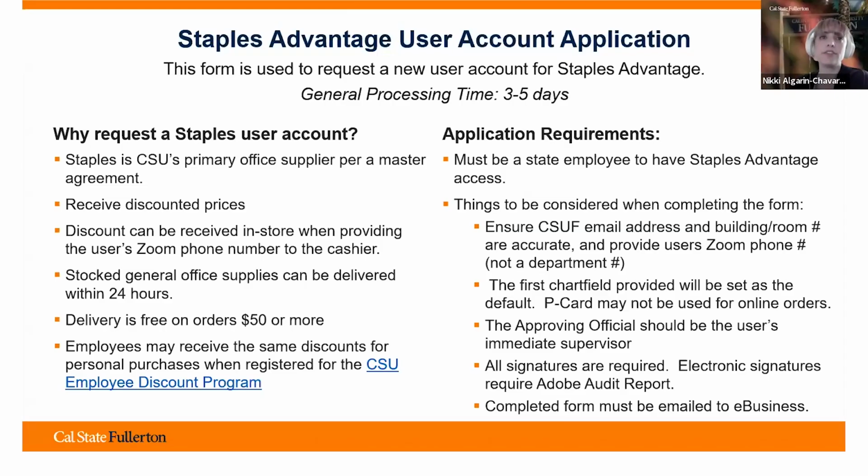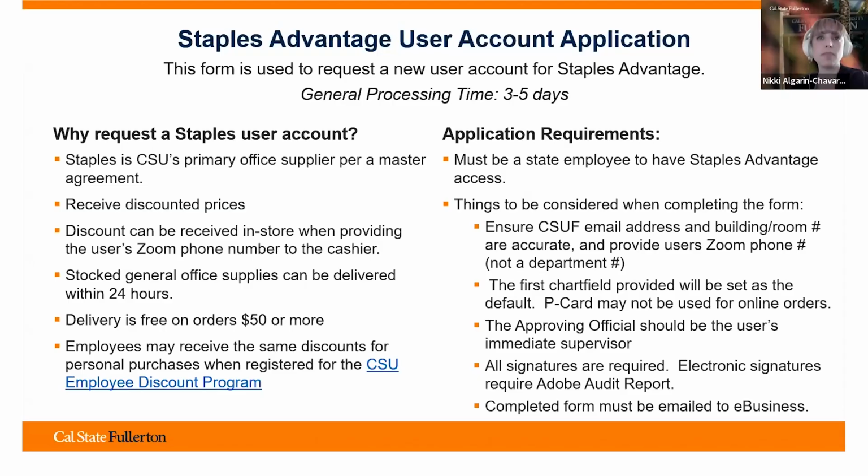And then the first chart field provided in the form is your default. So whatever you're planning to order will automatically be charged to that default unless you direct it otherwise.